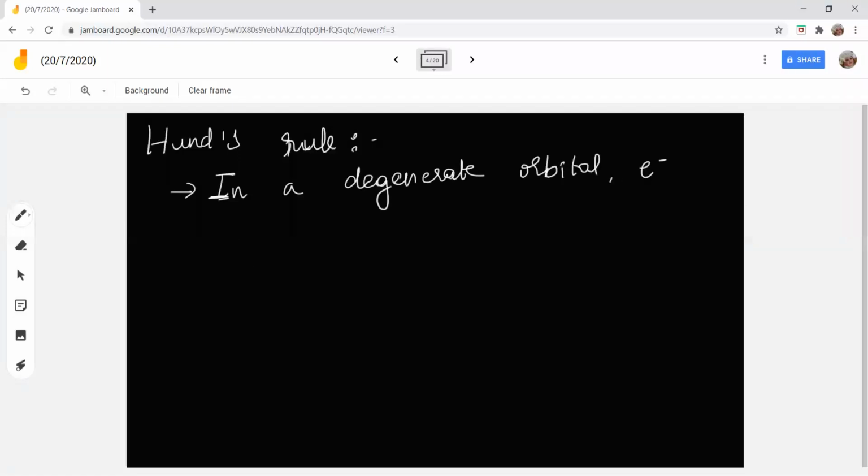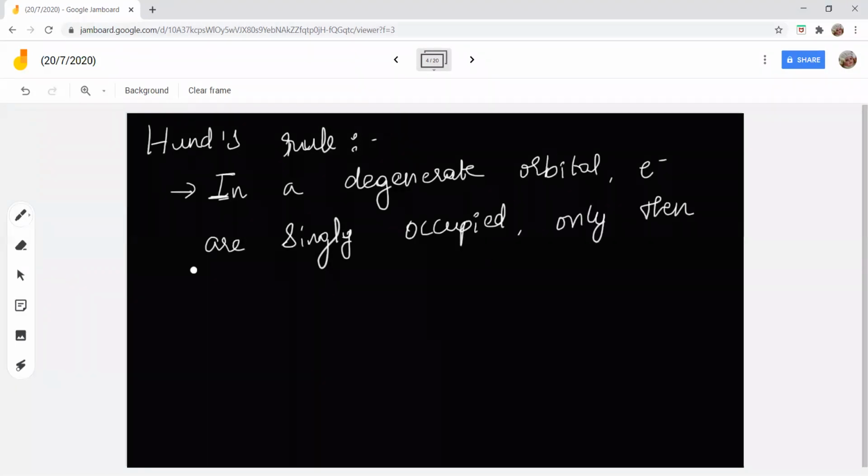In a degenerate orbital, electrons are singly occupied. Only then they are paired. You understand? Now, what do you mean by degenerate orbital?